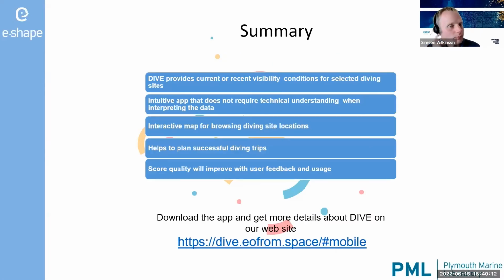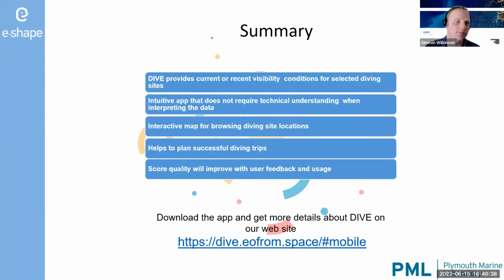So in summary, Dive provides the current or recent visibility conditions for selected diving sites. So we're providing an intuitive app that doesn't require technical understanding when interpreting the data, whereas in its raw format, probably mostly scientific people would understand, but members of the dive community might not, so it would help them.